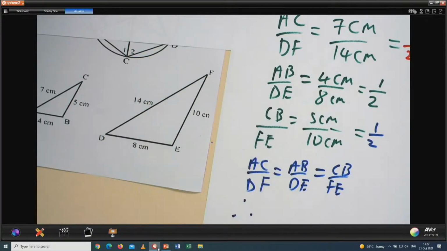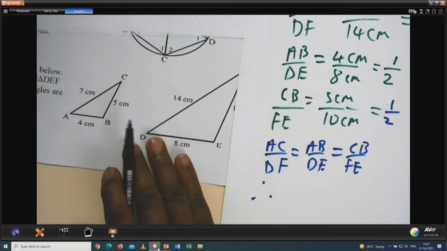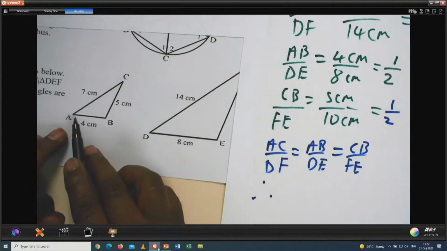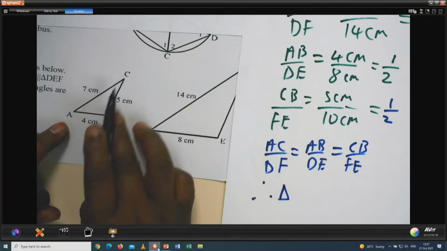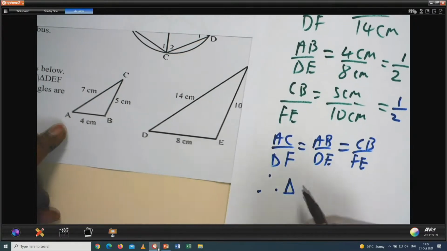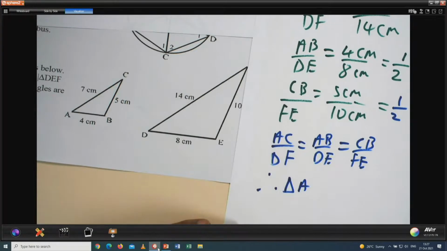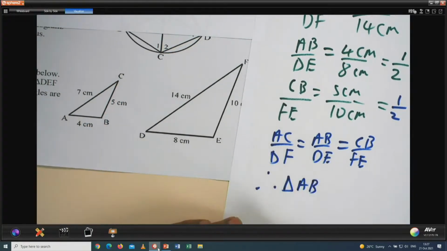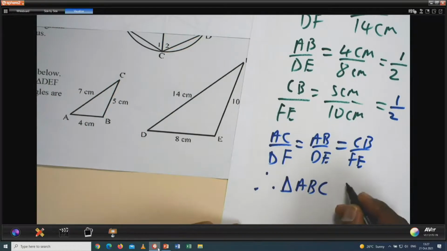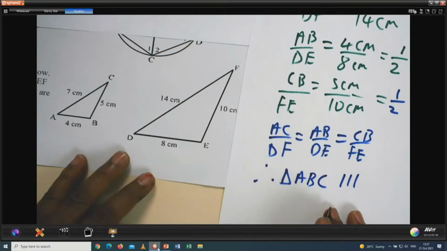Then you must follow that order. Therefore, triangle ABC is similar to what? We must follow that order now.